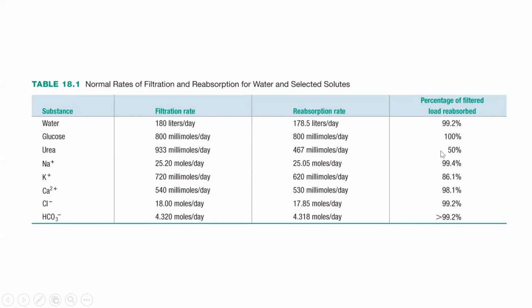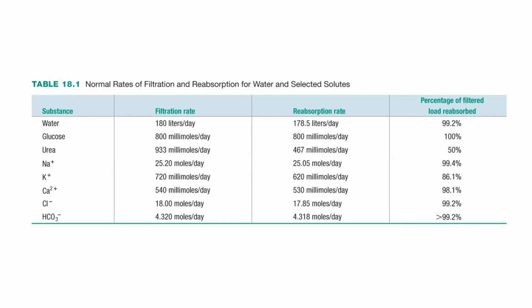In terms of the proportions here, we can see that of the filtered glucose, all of it is reabsorbed. What this tells us is that there should never be glucose in the urine. We're going to talk about this a little later on, but glucose should always be reclaimed back into the blood.